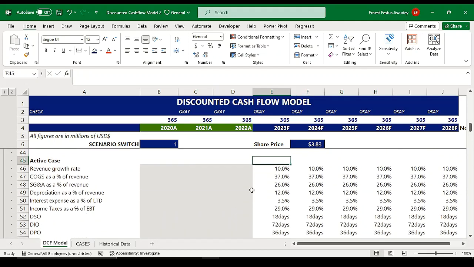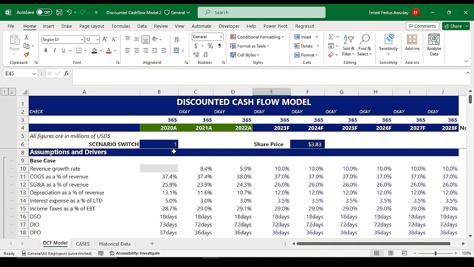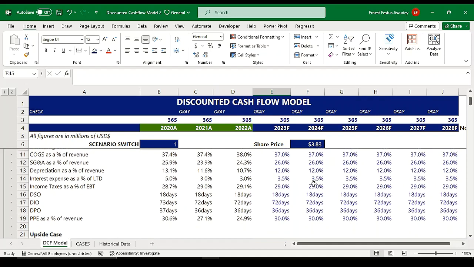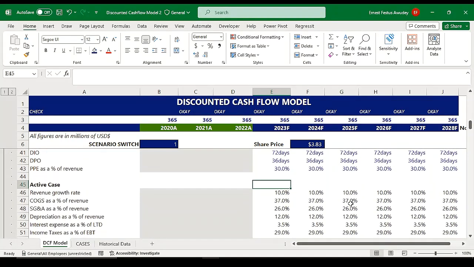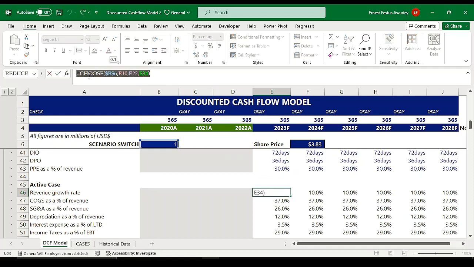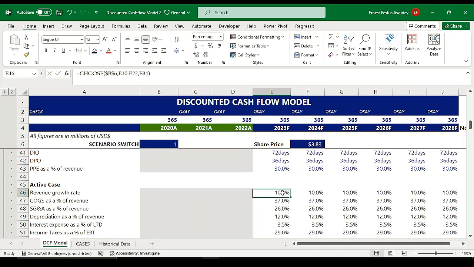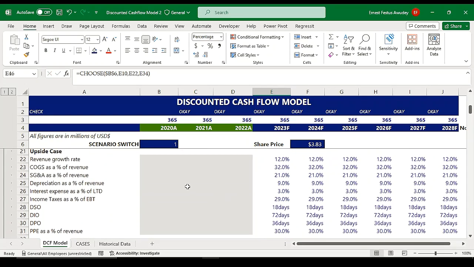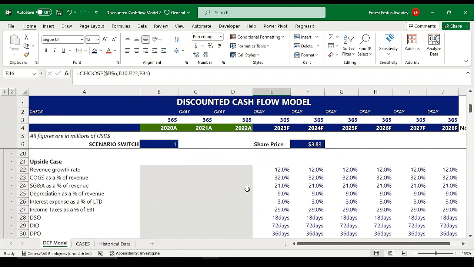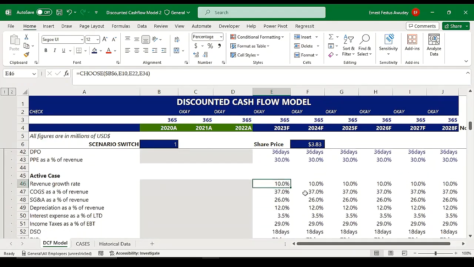All right, then whatever we select using the scenario switch here is going to be reflected in the active case section here. Now this is black, which means that it's a formula. When you come here, you see we used the function CHOOSE to make a choice between the three cases or assumptions that we made here.